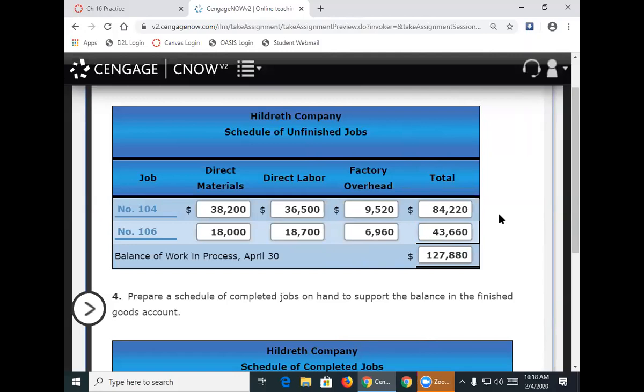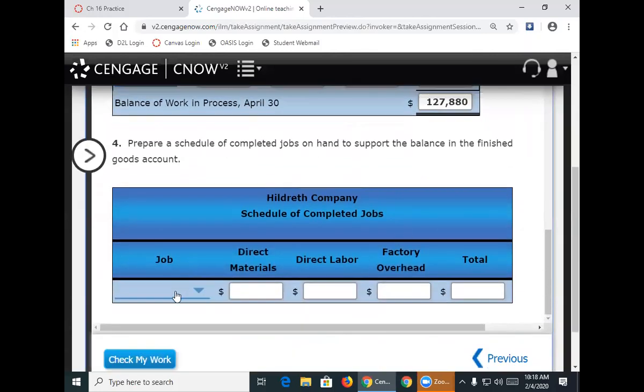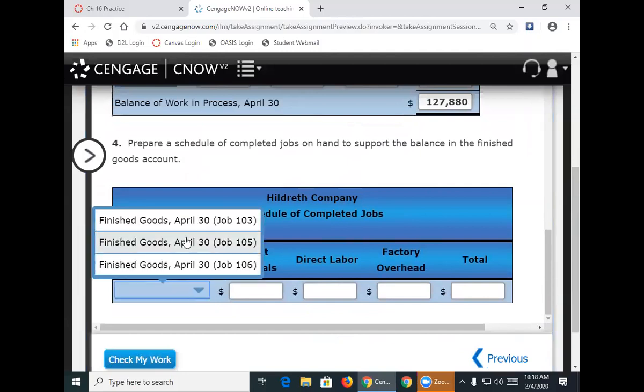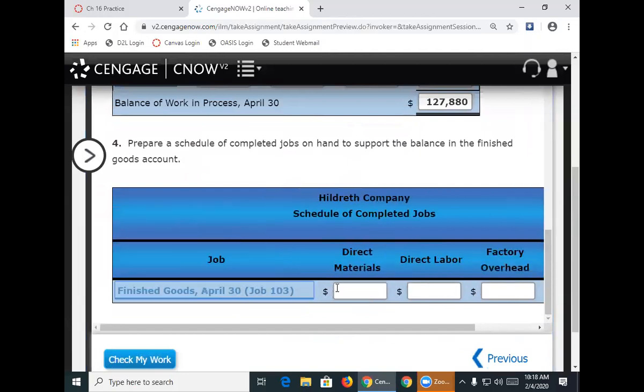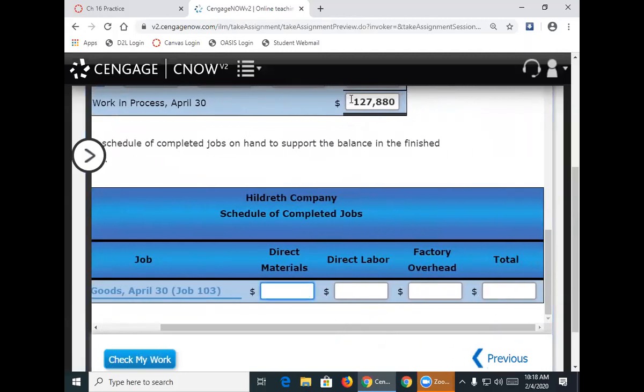And then finally, we're at the very end now. Schedule of completed jobs. Well, what's my only completed but not sold job? 103. Very good. So this is the finished goods balance, the 103. Materials are 13,440.